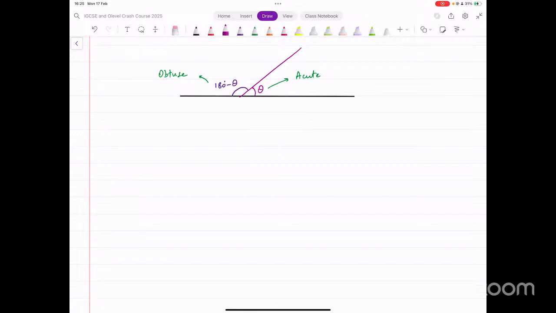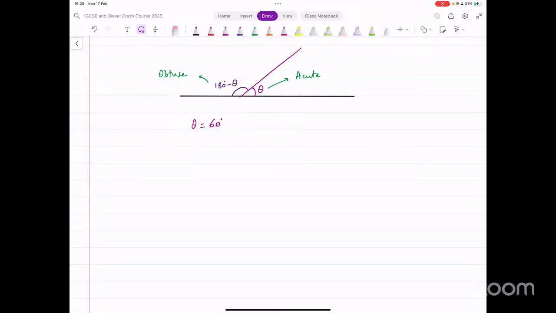Let's say the angle theta here is equal to 45 degrees. Okay, that's an acute angle. Let me actually use another angle. Let's say 60 degrees. Okay, 60 is an acute angle.